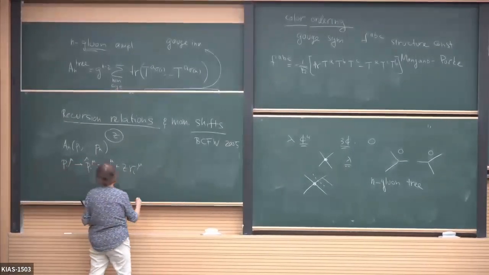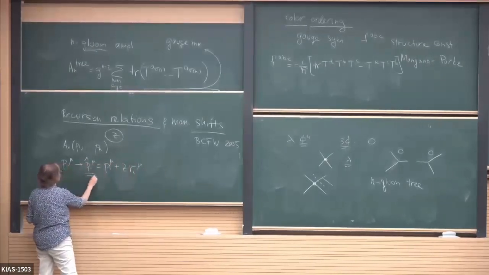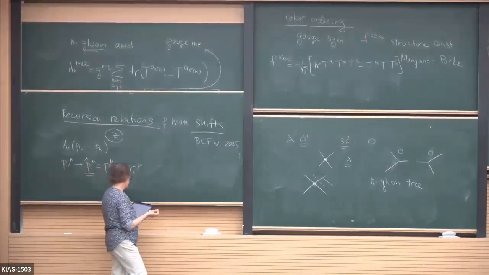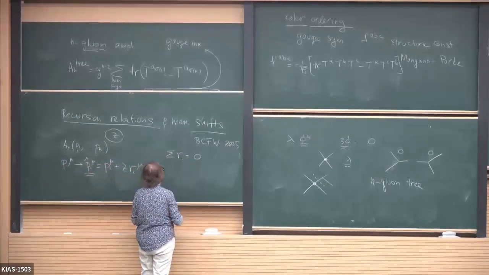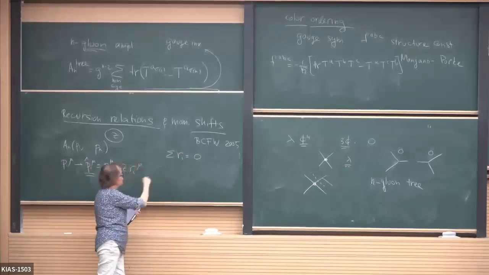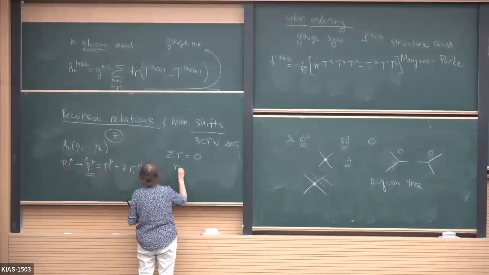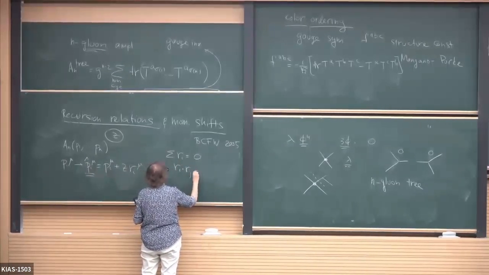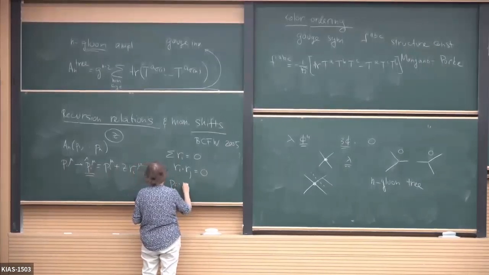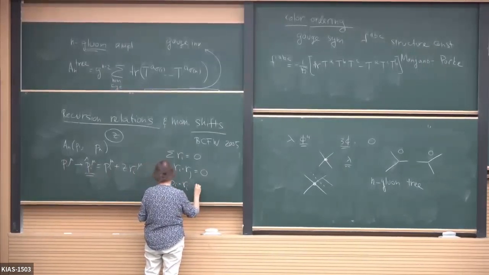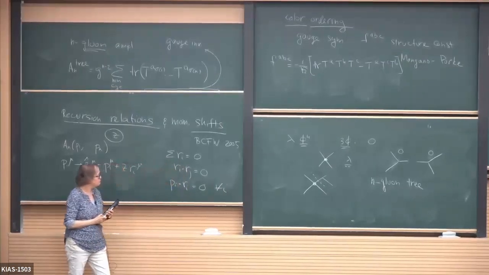Now, in order for this to be a viable amplitude, in terms of the shifted momenta, I want a few things. First of all, I want the sum over R_i to be 0, just so we still have momentum conservation. We want R_i dot R_j to vanish, and we want P_i dot R_i to be equal to 0 for all R_i.